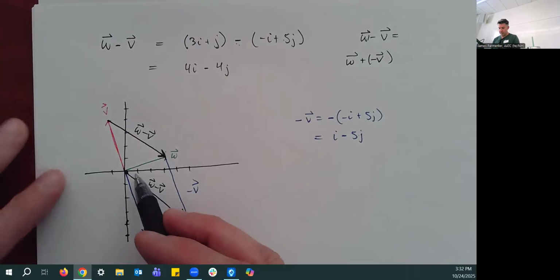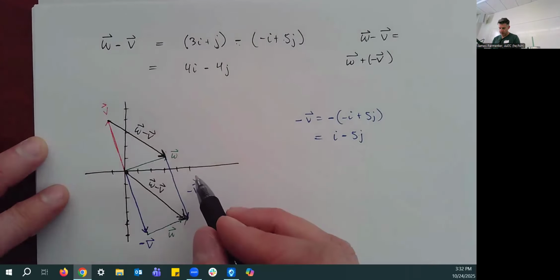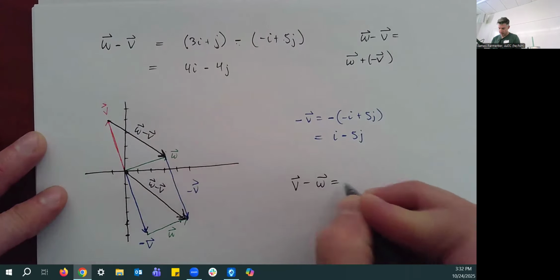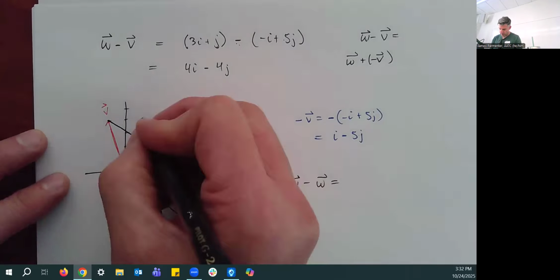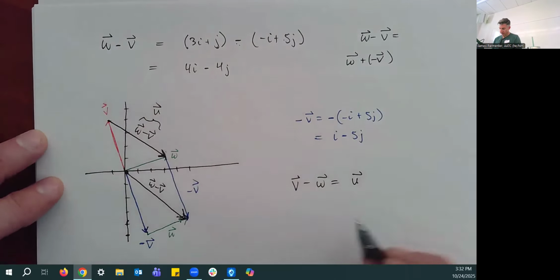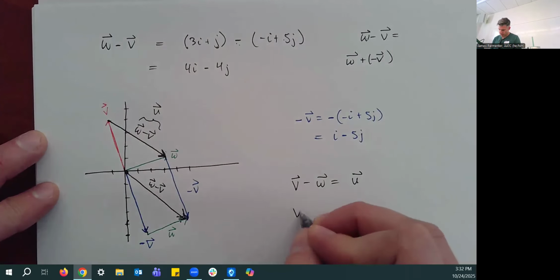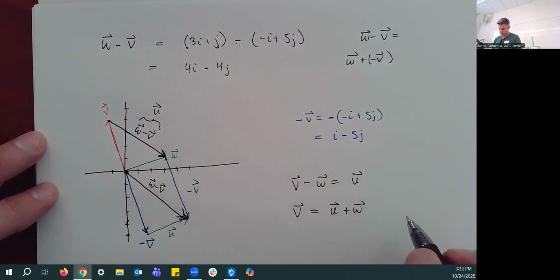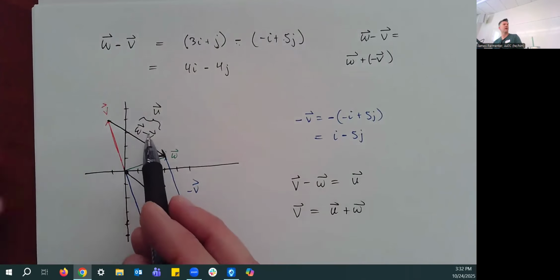But I think it's pretty easy to see that that has to be W minus V, because, well, if V minus W is equal to that vector over there, let's call it U for a second, then if I add W to both sides, it should be true that V is equal to U plus W. And certainly, I don't know. Oh, I wrote the wrong thing.